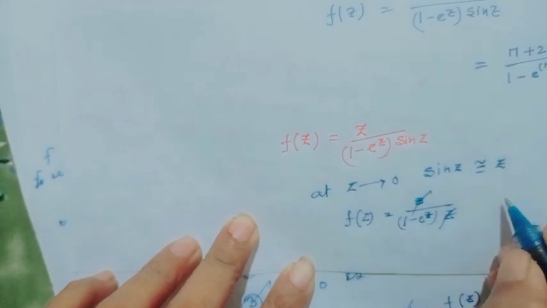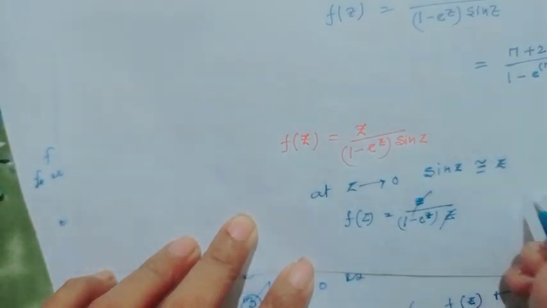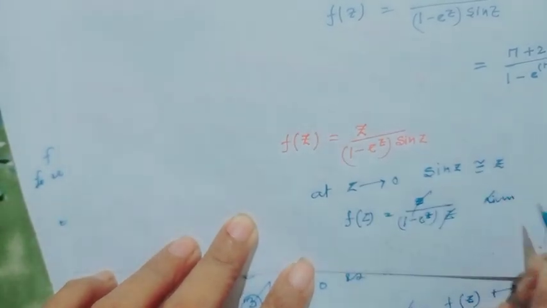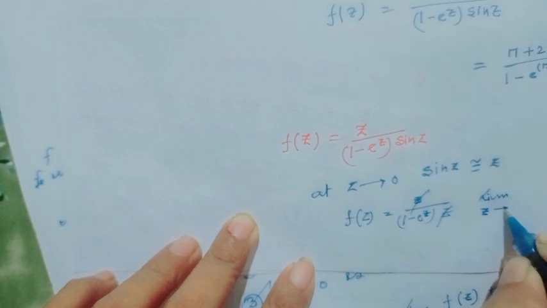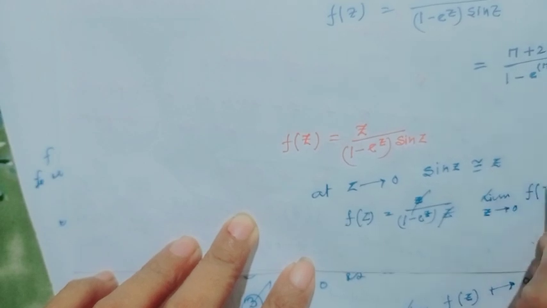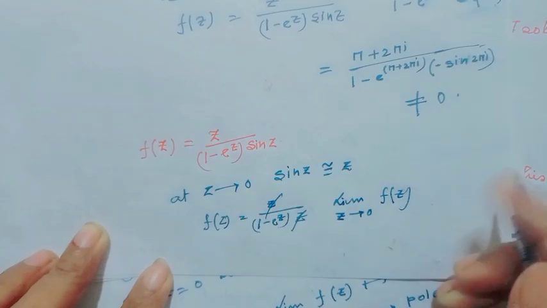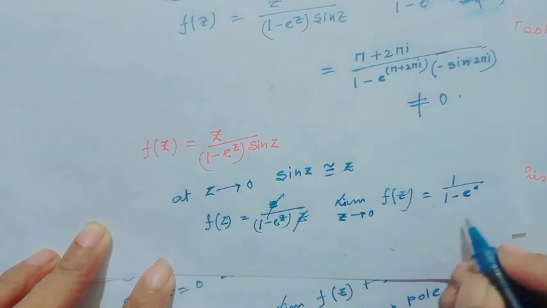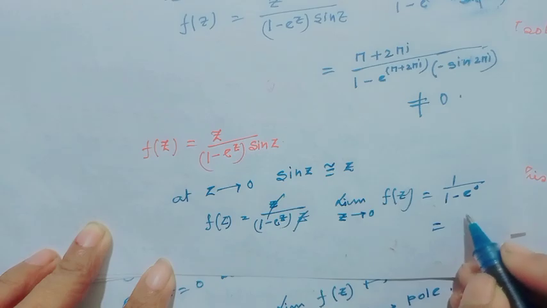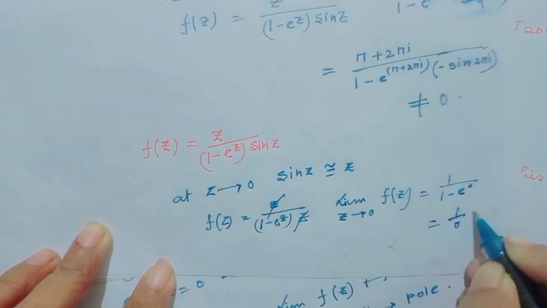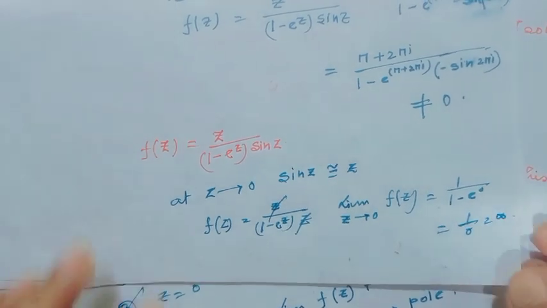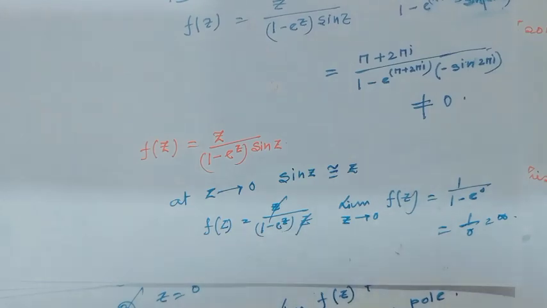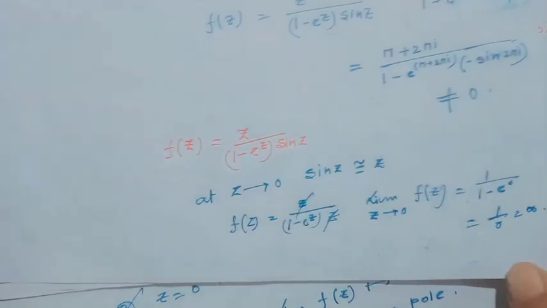Z would be cancelled, and the limit as z tends to 0 of this f(z) is 1 over 1 minus e to the power 0. e to the power 0 means 1, 1 minus 1 means 0, 1 over 0, this value is infinity. So, z equal to 0 is a pole.